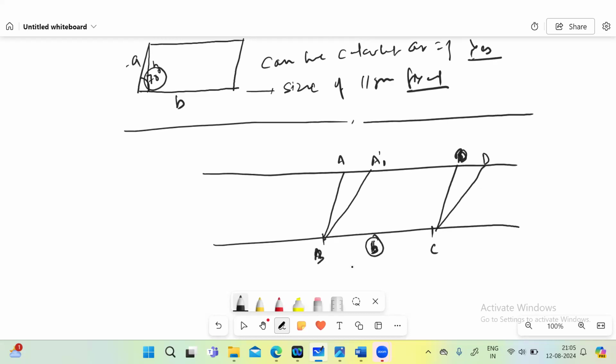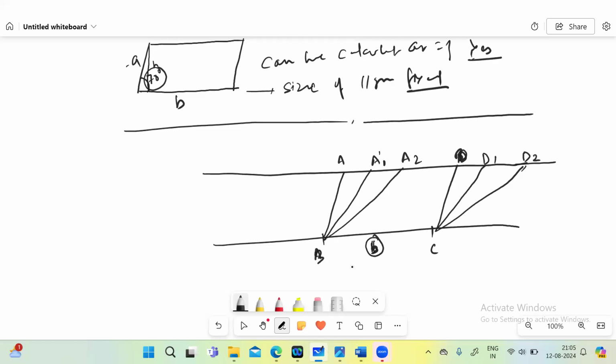So in all these cases, the size of the parallelogram is not being fixed, but the determinant for finding the area of the parallelogram is being fixed.